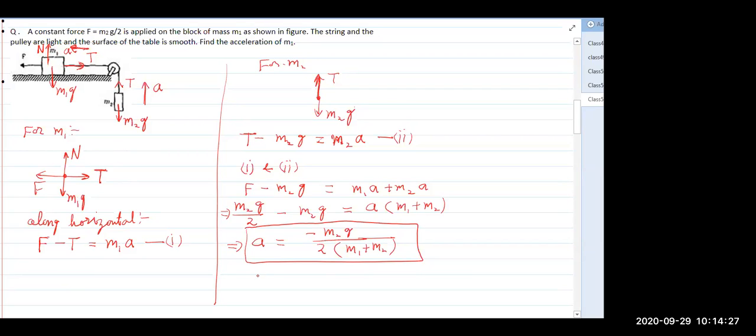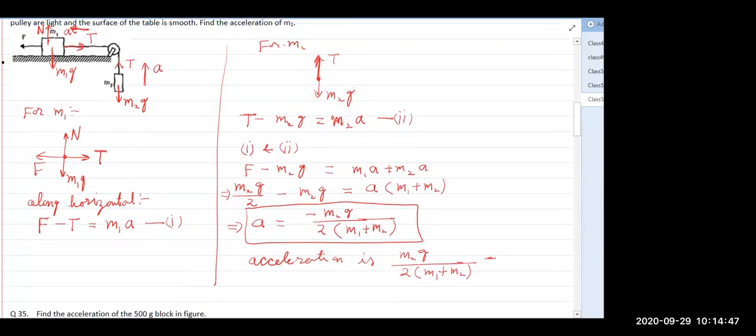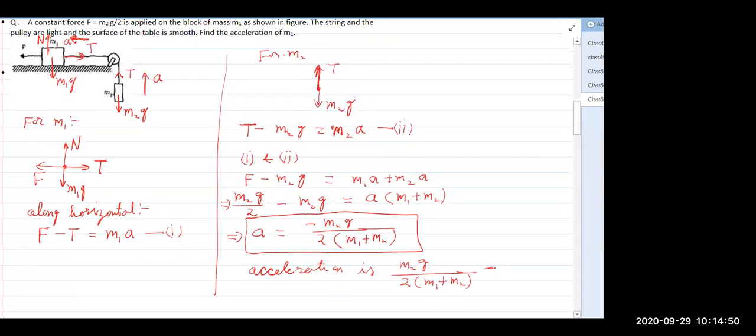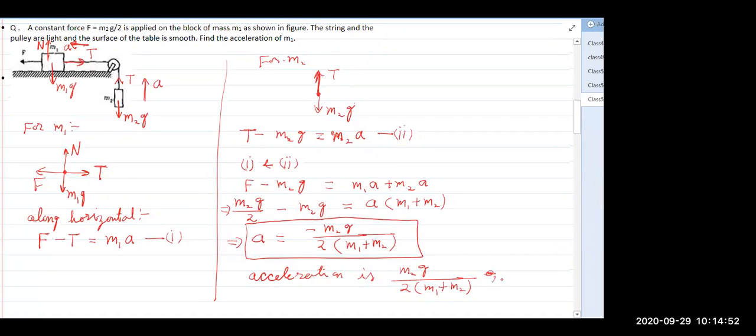The acceleration is m2g divided by 2 times (m1 plus m2). For m1, it will move rightward. So this will be our answer: the acceleration in the rightward direction.